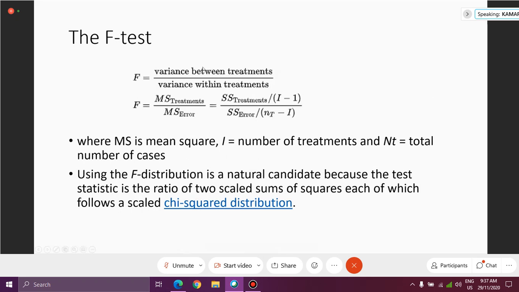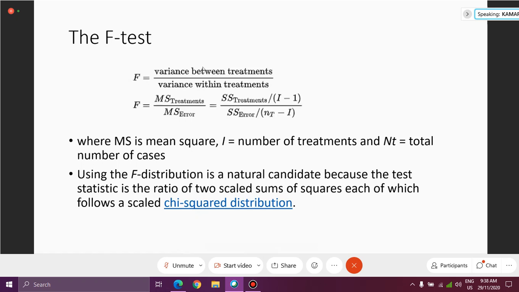So this is the F test. The F test is the test that will compare the variations between the groups. Remember, we are now learning about analysis of variance, so we analyze variance between groups. How to compare the variance?